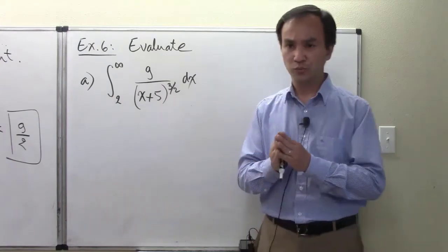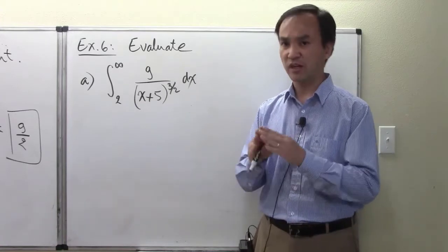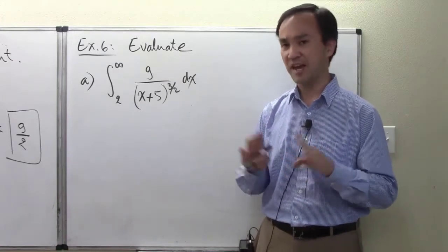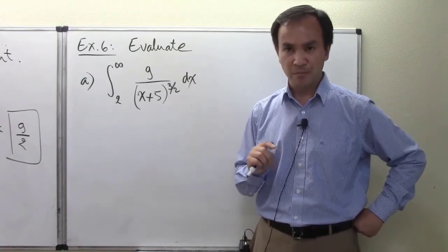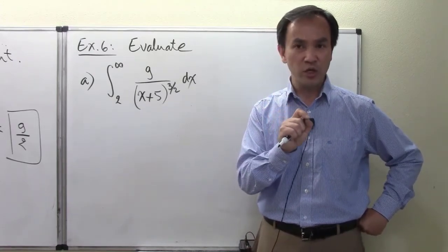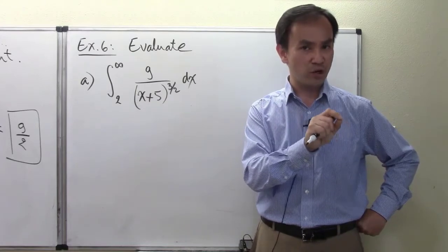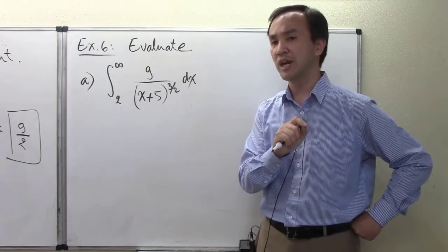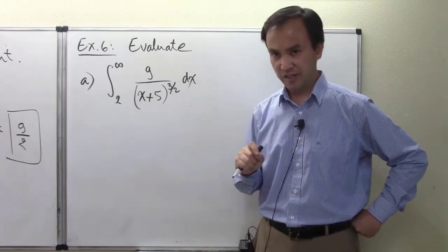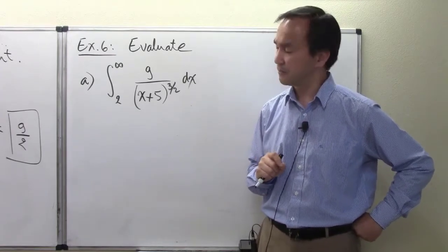If it's divergent, we stop the problem and say the integral is divergent without worrying about evaluating. We can only evaluate once we know the improper integral is convergent.